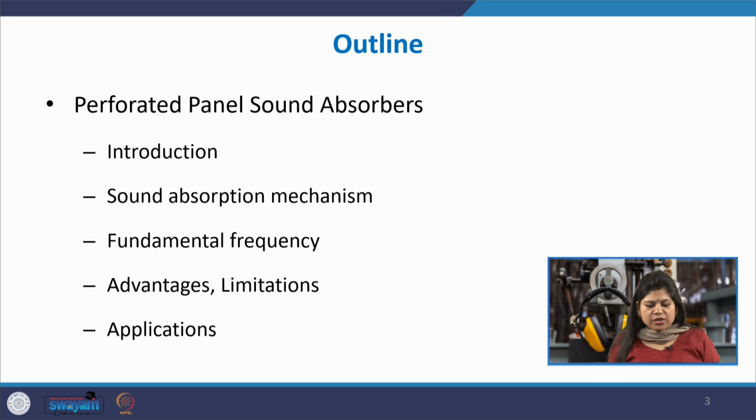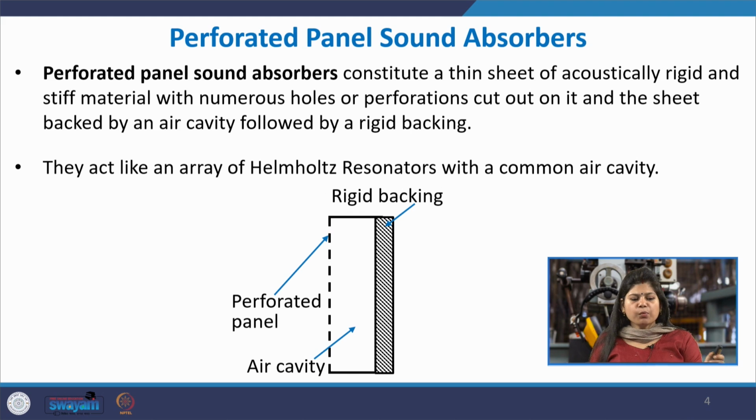So, the introduction, the absorption mechanism, the fundamental frequency, and the advantages, limitations and applications of this absorber will be discussed. So, what is a perforated panel sound absorber? Very similar to a panel sound absorber, but it has numerous holes or perforations cut out on it.